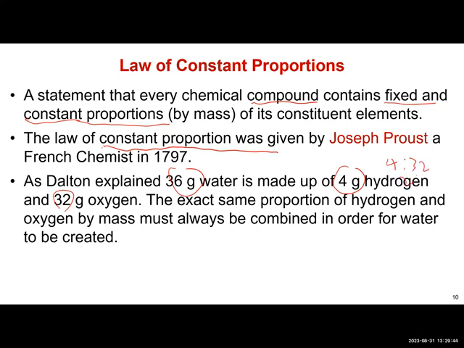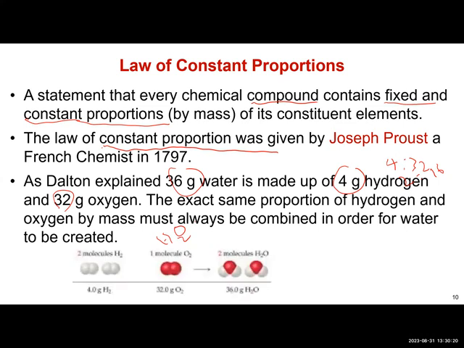Therefore, the simple ratio is 2 to 16. So in water, you have 2 hydrogen atoms and 1 oxygen. This ratio is always constant. That shows the existence of atoms can explain the law of constant proportion.